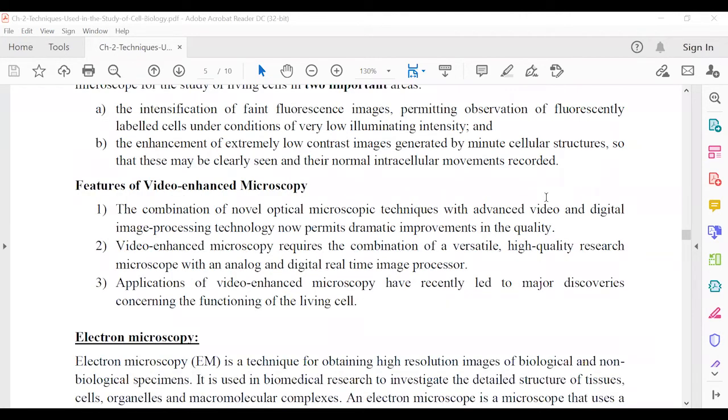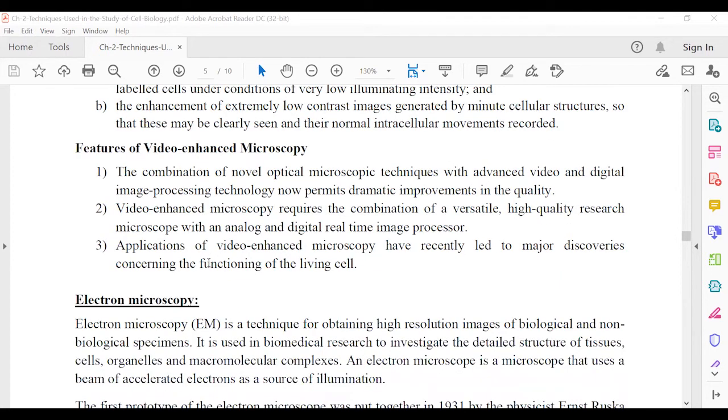Next, features of video enhanced microscopy. Features: the combination of novel optical microscopic techniques with advanced video and digital imaging technology now permits dynamic improvement in the quality.